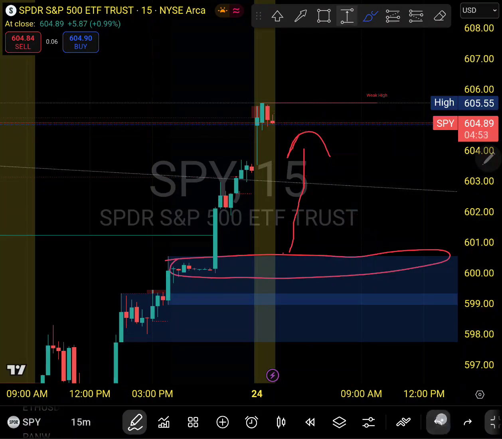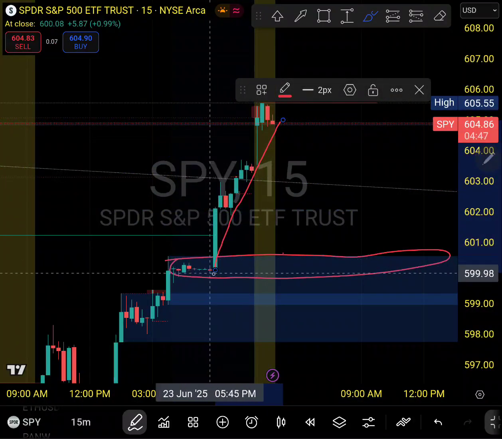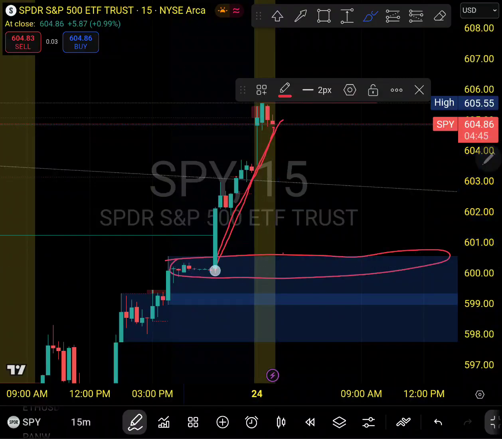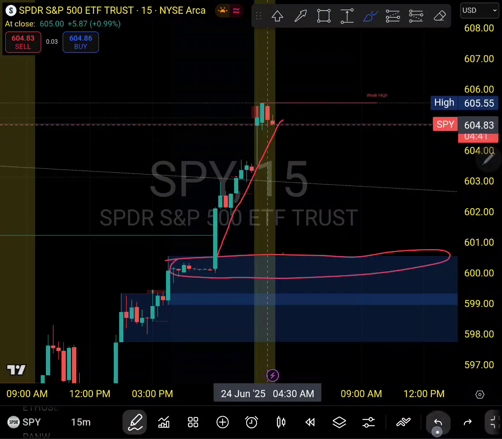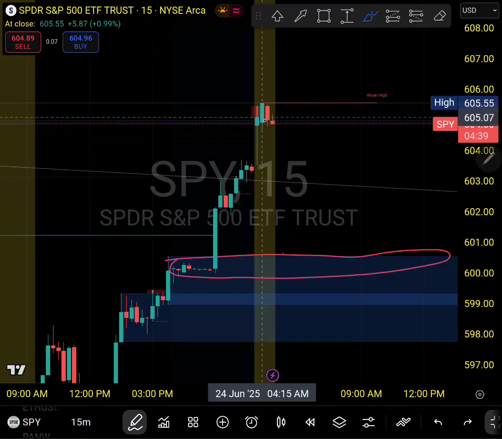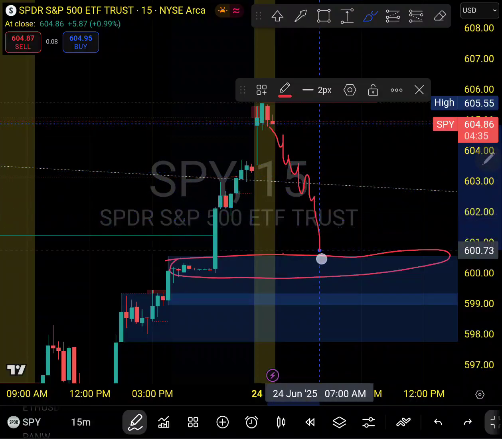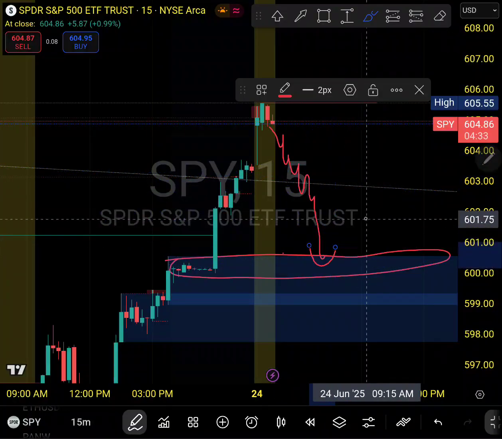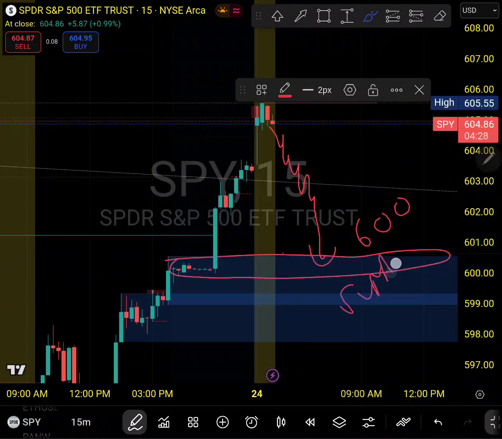Or there is another structure that can happen. As I told you, the only problem with this structure is that it goes parabolic, and whenever a parabolic move comes, it comes the similar way. It will just do a small move like this and then come back to 600. 600 is the level where I should see some support.